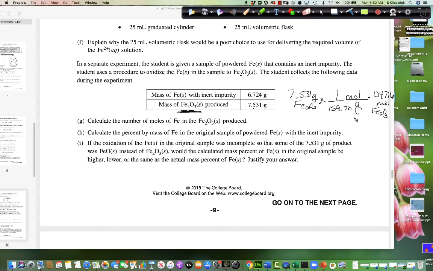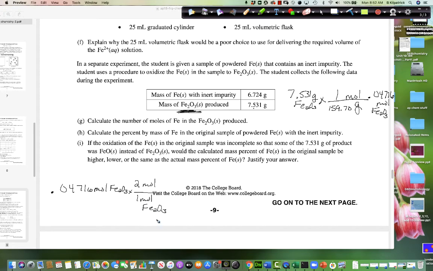Now, I need to figure out how many irons made that. How many moles of iron created that? So I'm going to go one more step and I'm going to go to iron. So if I know I have this many moles of iron oxide, well, for every one of these, I have 2 irons.